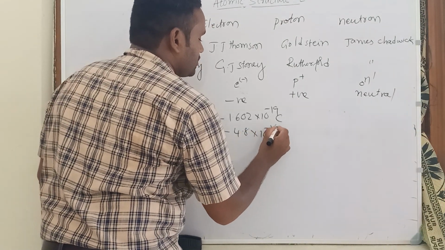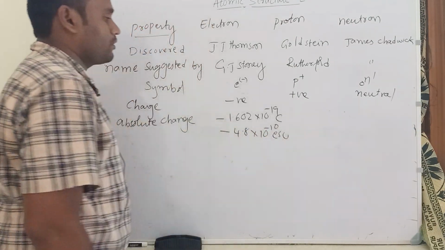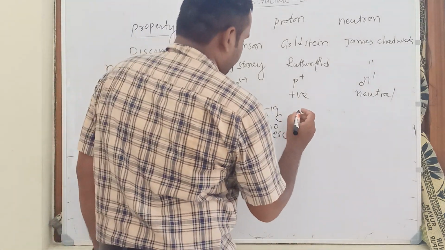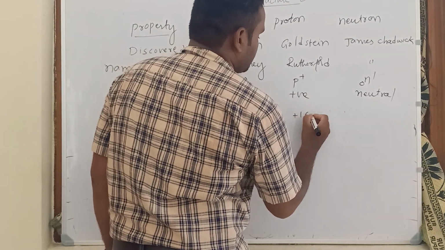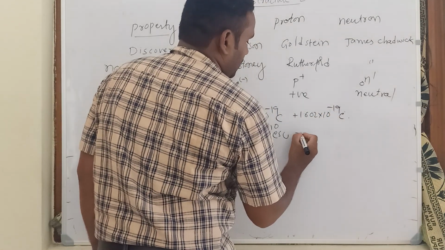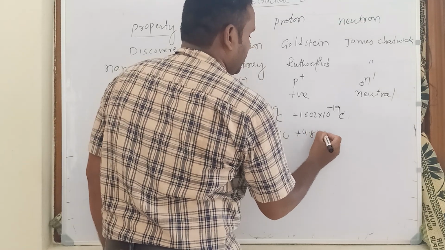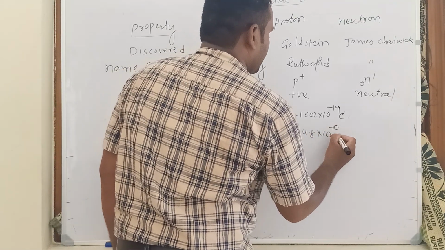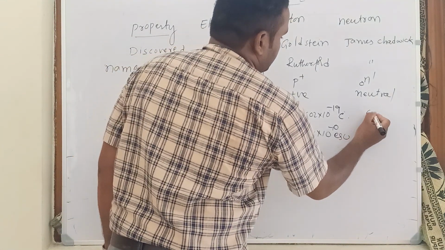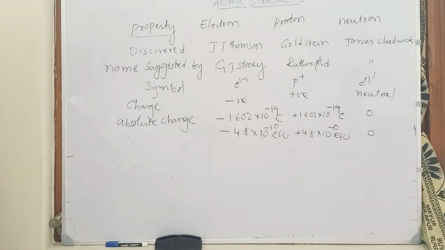The proton charge is +1.602 × 10^-19 coulombs, or +4.8 × 10^-10 ESU. And for the neutron it is 0 and 0, because there is no charge.